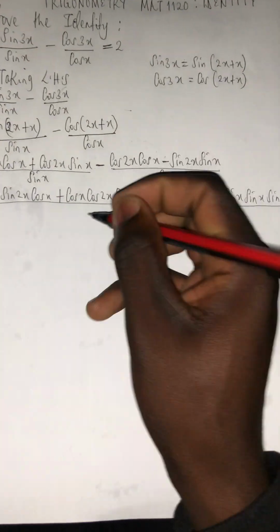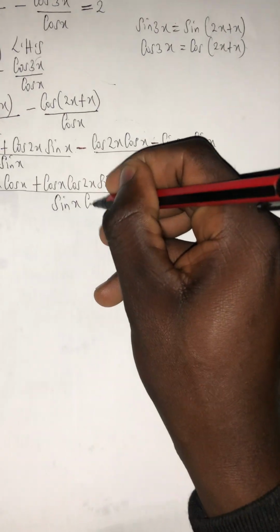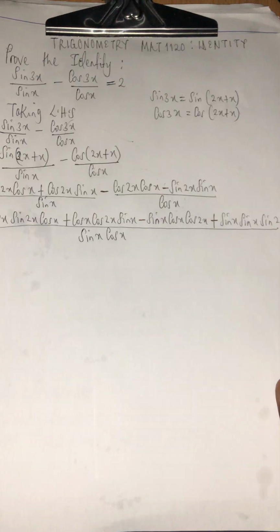So this whole thing will be over sine x multiplied by cos x, which is sine x cos x. So this is what I have here.